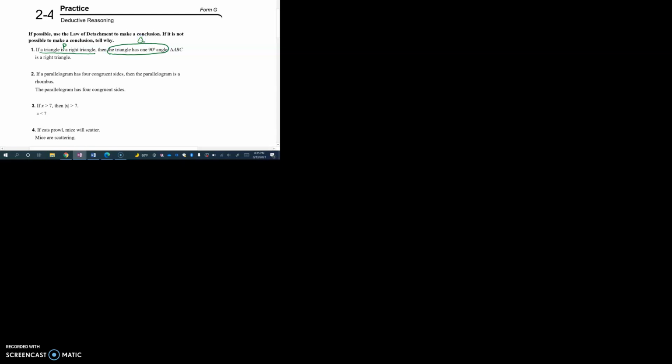We've had a lot of practice with that now, so I'm sure you guys are getting tired of that. Triangle ABC is a right triangle. You can see that matches what our P was saying, right? It says P is true. That's what we're looking for on this law of detachment, is P is true.